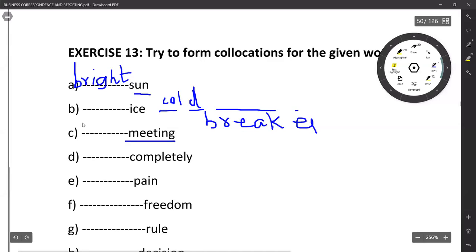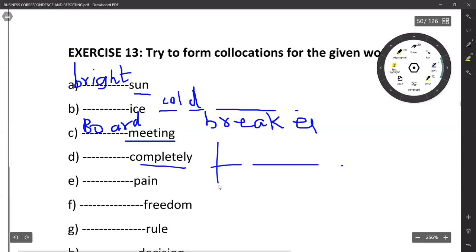Meeting. Correct. Zoom meeting. Board meeting. Good. Parent teacher meeting, PTA meeting, formal meeting, informal meeting, face-to-face meeting, online meeting, virtual meeting. Okay. Completely. It can come before or after. Group meeting, team meeting.